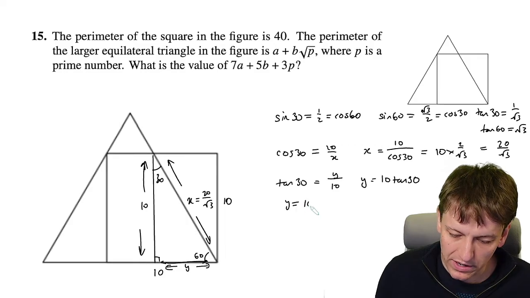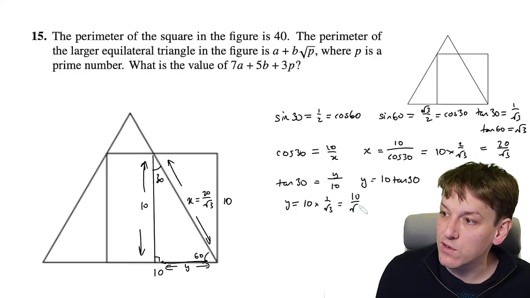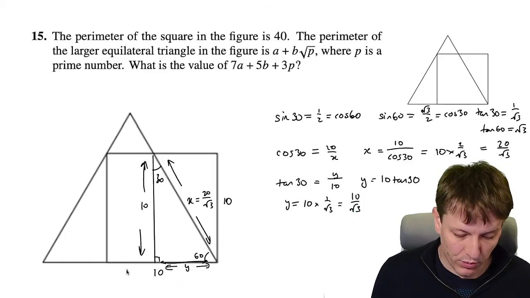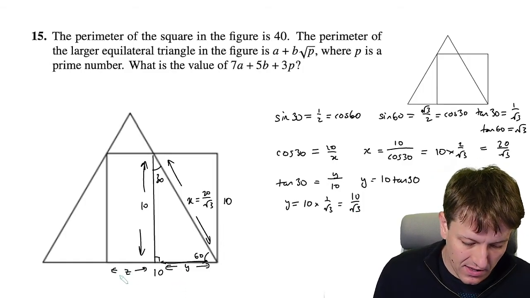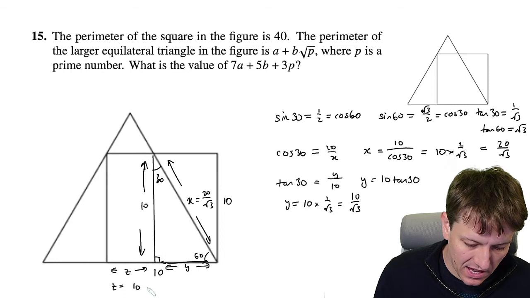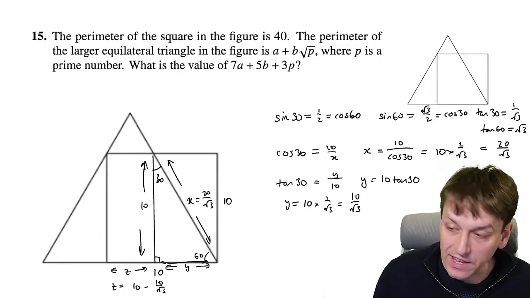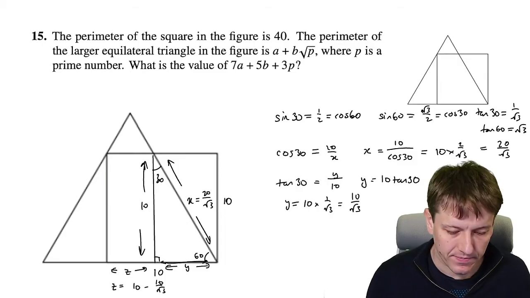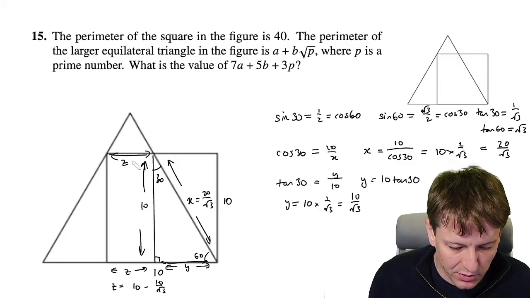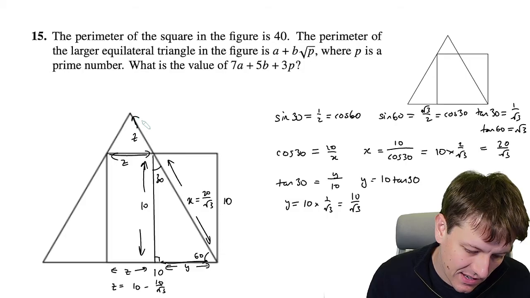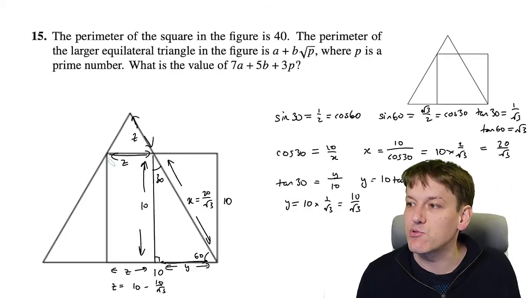So that gives me that y is equal to 10 times 1 over root 3, or 10 over root 3. So if we call this z, then z is going to be 10 minus y, so that's 10 minus 10 over root 3. And of course this length here is also z, and this length here is also z, because I'm going to have a little equilateral triangle at the top.